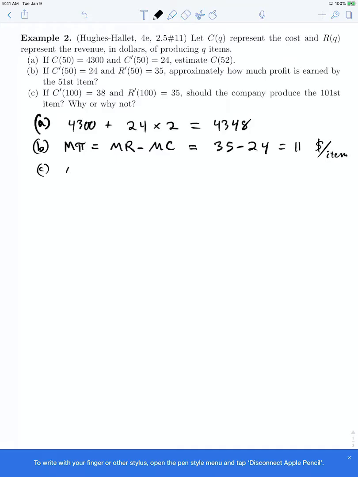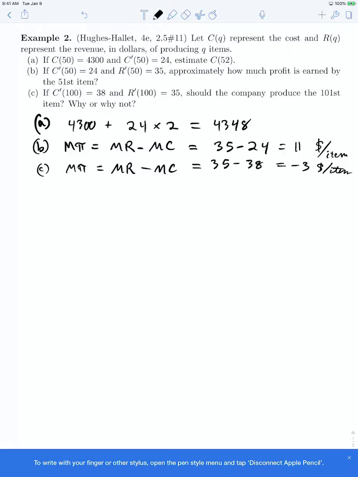Still the same idea, marginal profit is equal to marginal revenue minus the marginal cost, and now this is 35 minus 38, which is negative $3 per item. So that means they're losing $3 if they make one more item.